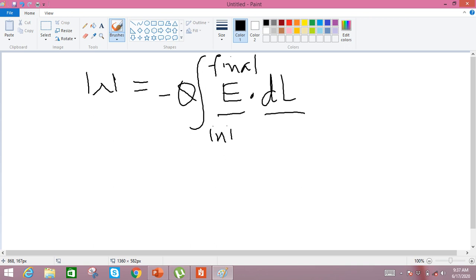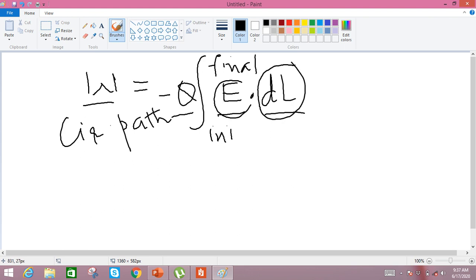So if I want to calculate the work done over a circular path, I will take a charge of q coulombs, find the electric field intensity, determine dl, put all these things in this equation and integrate it over the circular path. So we will find the work done.